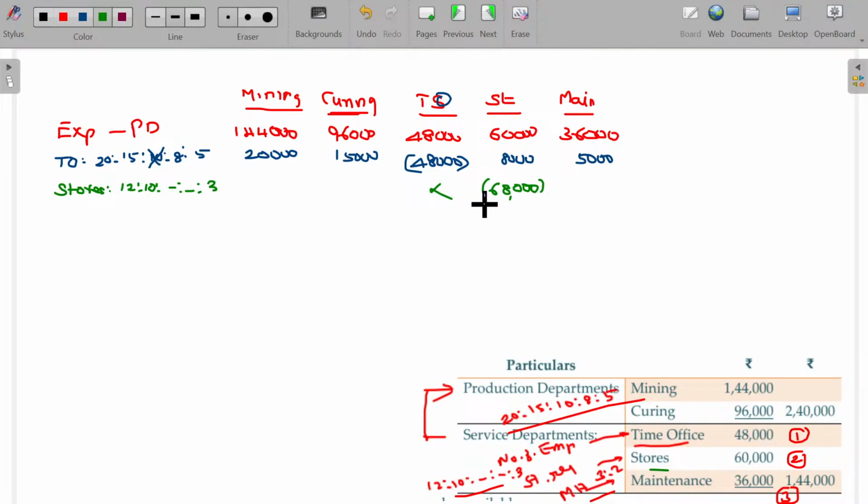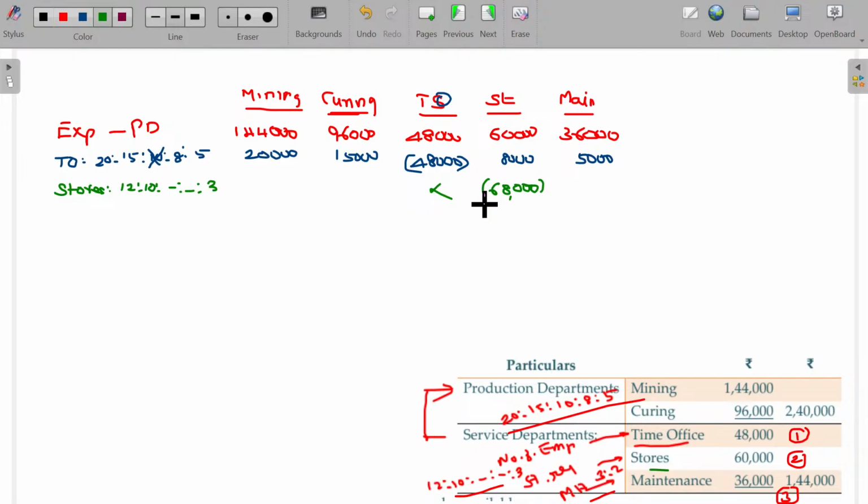The stores department, though it rendered service to the time office, will not be considered. Only the department which rendered service most to the other department will be taken. In non-reciprocal, though I rendered the service, it will not be considered. Okay, clear? Hope you'll be able to now understand the logic.